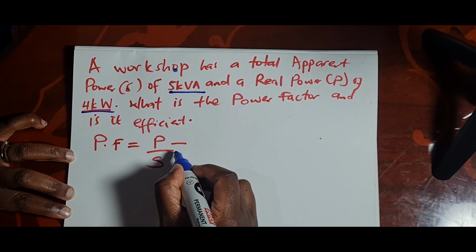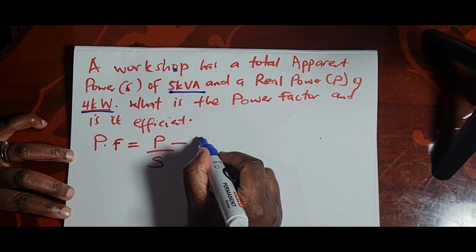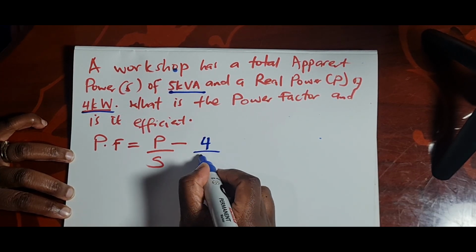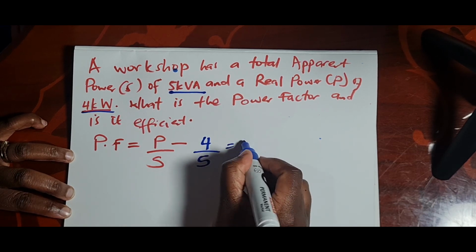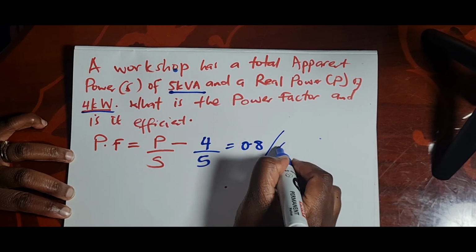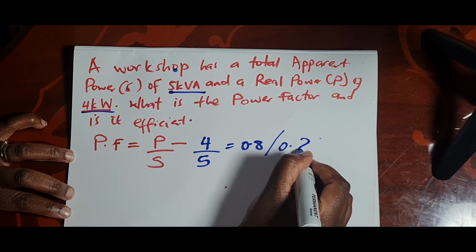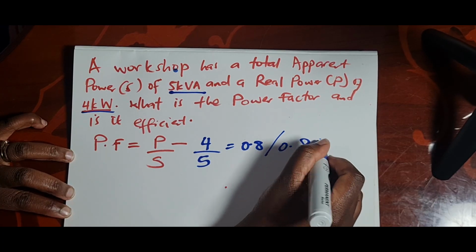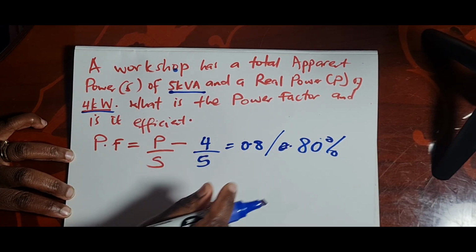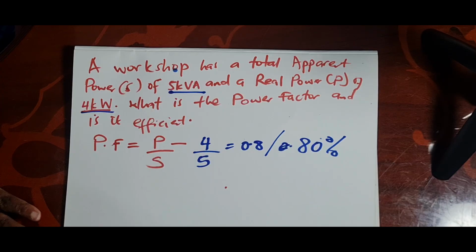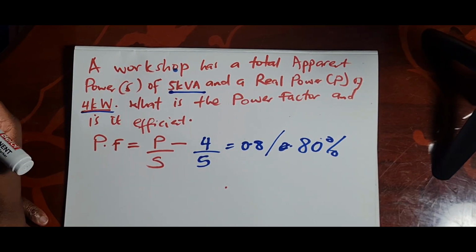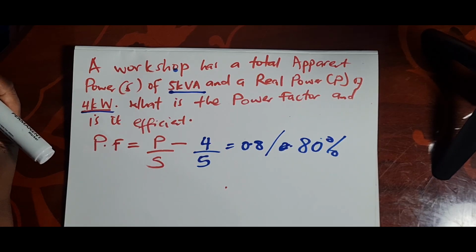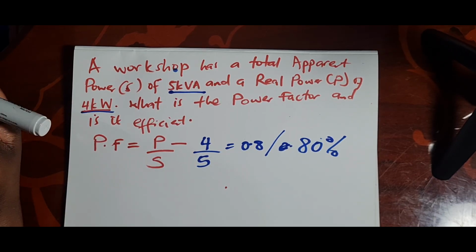So this will give us 4 over 5, which is 0.8 or 80%. In engineering, 0.8 is okay, but we want to get closer to 0.95. As an engineer, I would look at this and suggest adding capacitors to shrink that reactive power and save the client money on their bill.